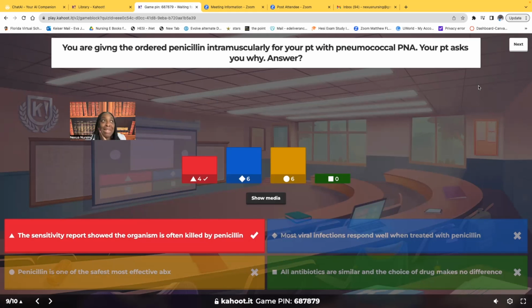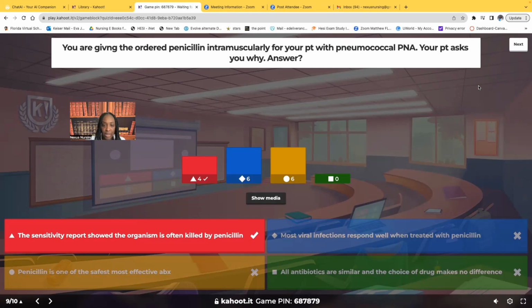We're not giving penicillin because it's a safe antibiotic. We're giving penicillin because a sensitivity report has shown that penicillin will kill the type of infection that the patient has. NCLEX will ask you a question and give you a beautiful answer, but you need to make sure that beautiful answer is answering the question you're looking at, because if it's not, it's still wrong. Don't fall for it.